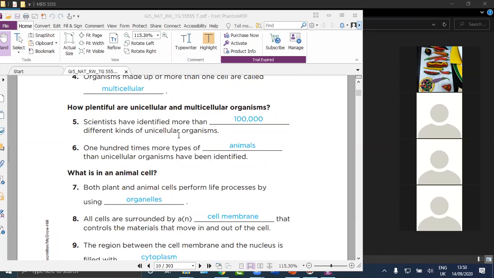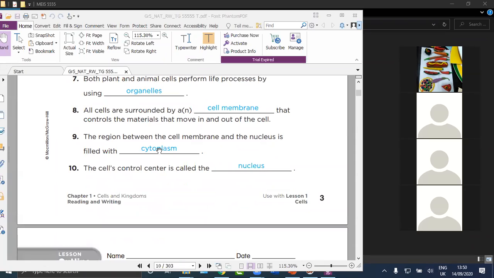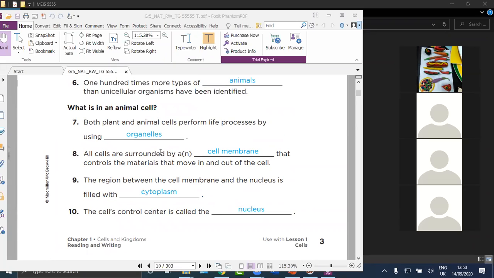Other questions? Yes. We have some differences between both, but don't worry. Number 10.